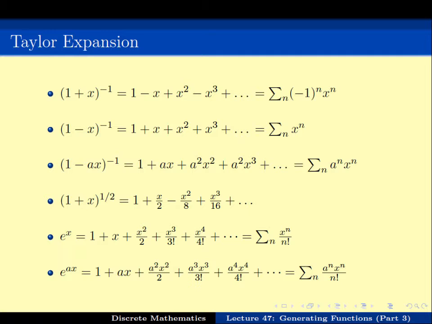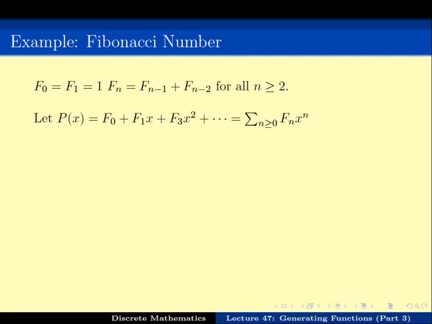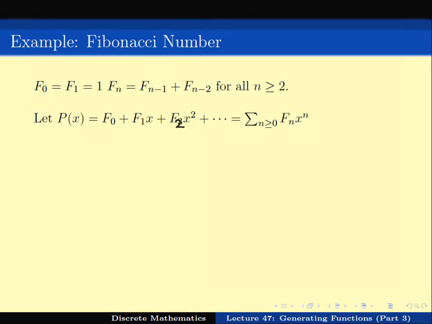So in this particular video, let's go to the hardest problem of all, namely the Fibonacci numbers. So here is the recurrence relation: F0 equals F1 equals 1, and Fn equals Fn minus 1 plus Fn minus 2. Of course we start by writing the power series, which is P(x) equals F0 plus F1x plus F2x squared, and so on.